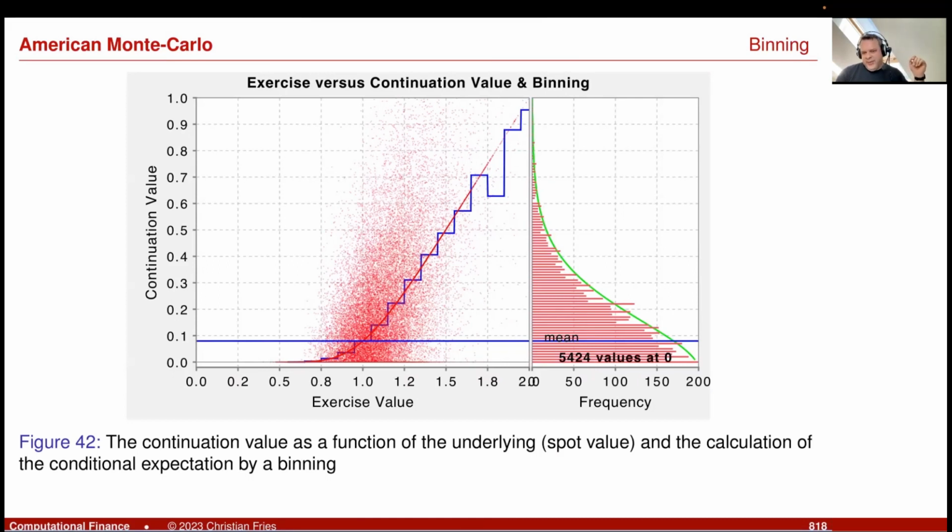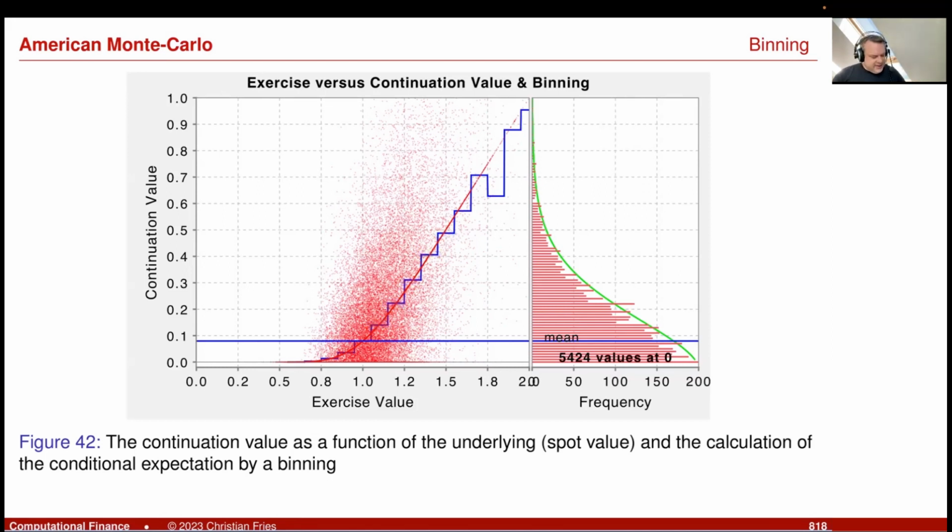But if you look at this picture, maybe there is an even better way of doing this. Because what we are doing here is we approximate this function, the conditional expectation as a functional dependence, by a piecewise constant function, the function that is constant on the specific bins.